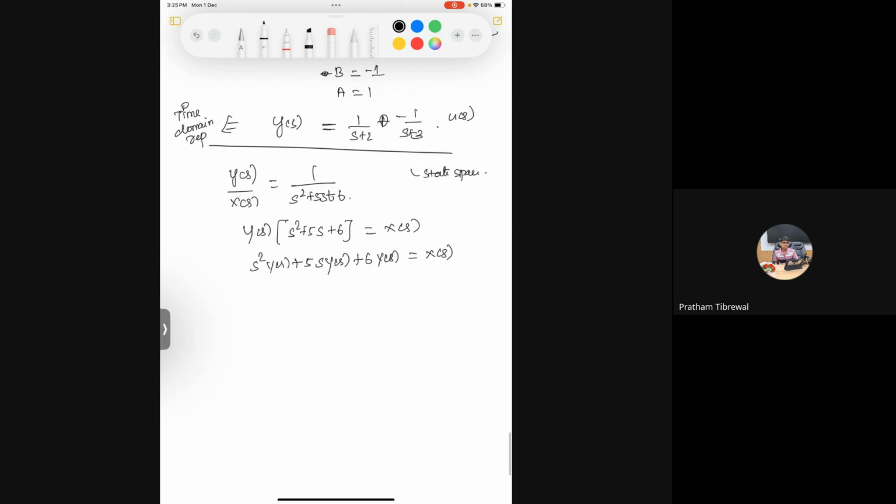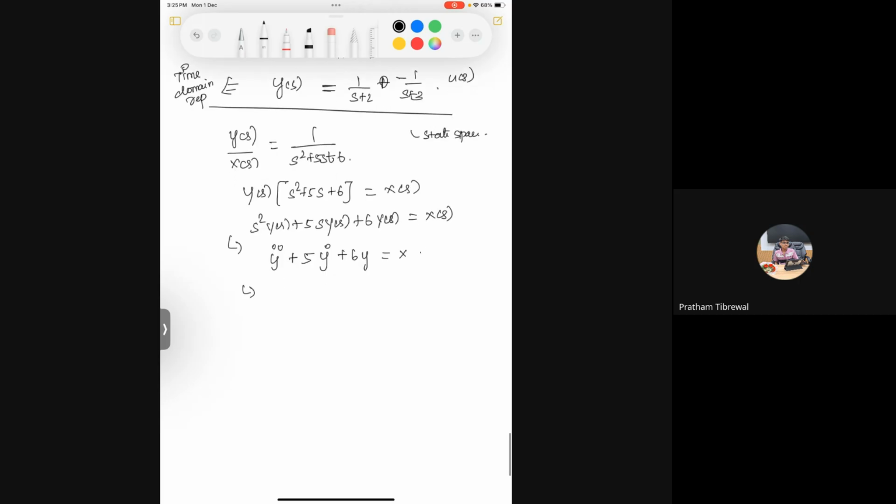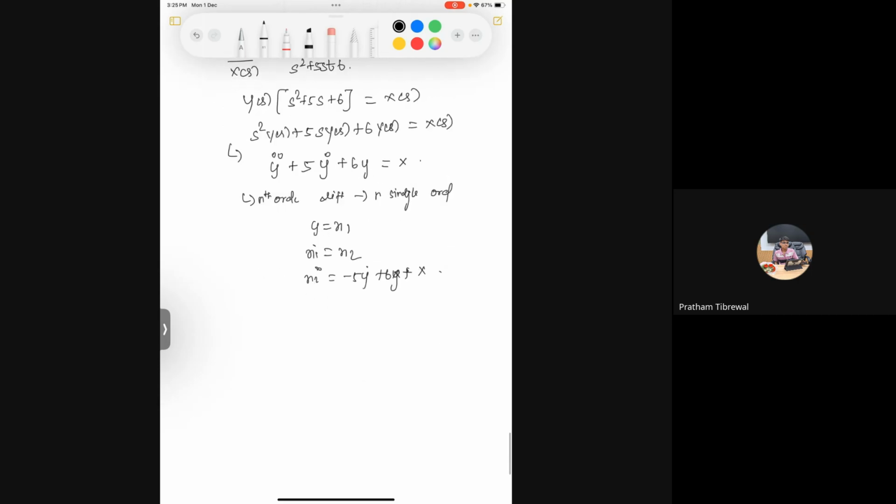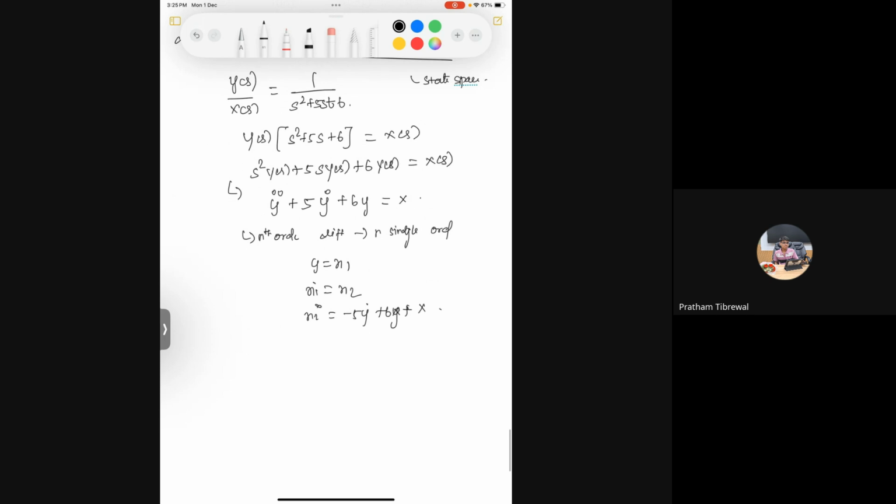Then I will do the same thing we did for the differential equation. So from this, I get y double dot plus 5 y dot plus 6 y equal to x. Now I will convert this nth order differential equation to n single order differential equations by assigning y equal to x1, x1 dot equal to x2, x2 dot equal to minus 5 y dot minus 6 y plus x. That's how I used to find it in terms of state space.